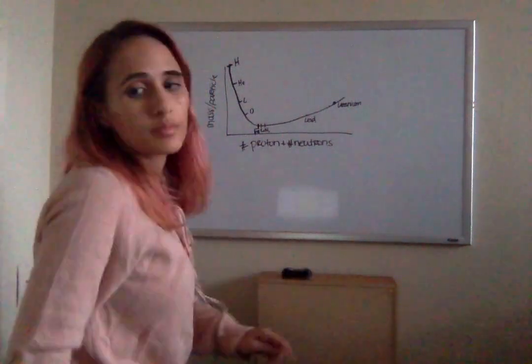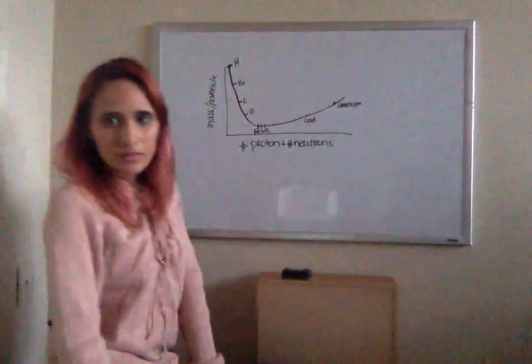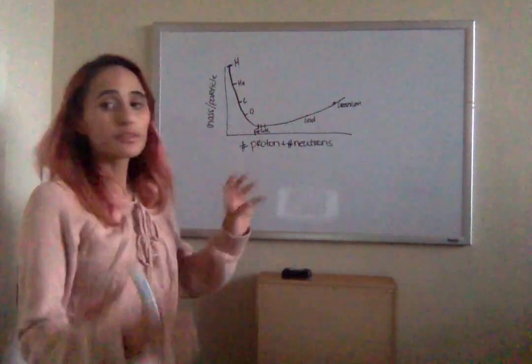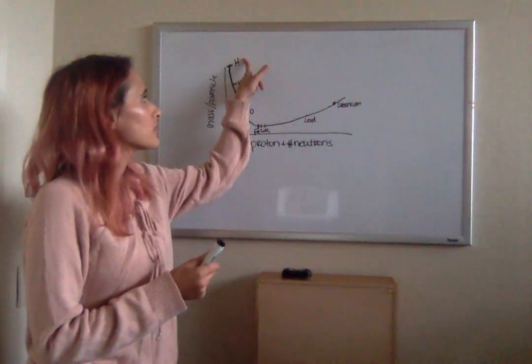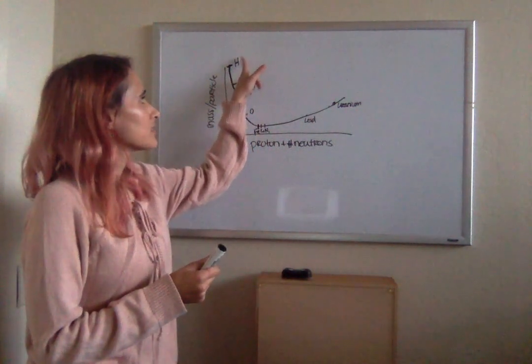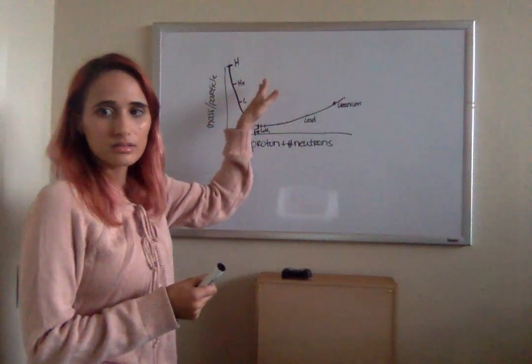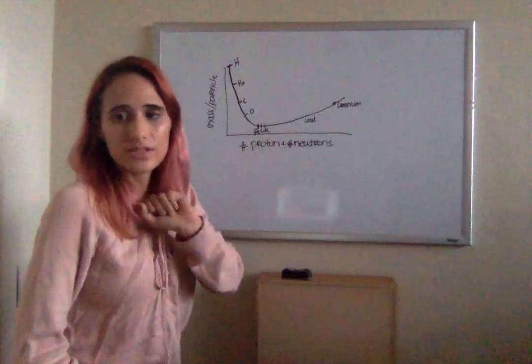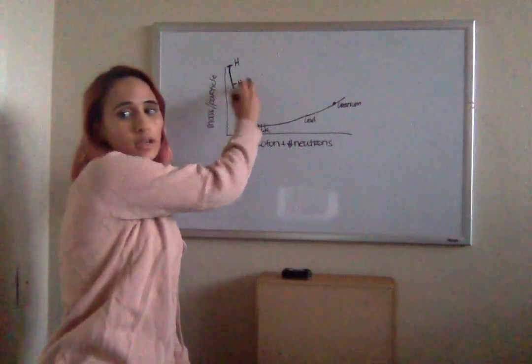So on this chart, if you are fusing, going from something that's higher up to lower down, you're going to get energy out. So if I go from hydrogen to helium, I'm going to get energy out.